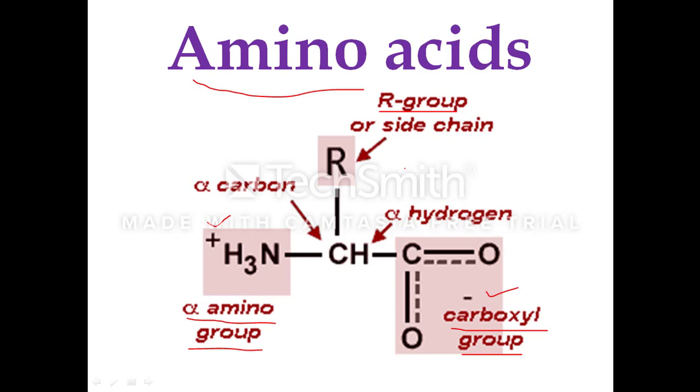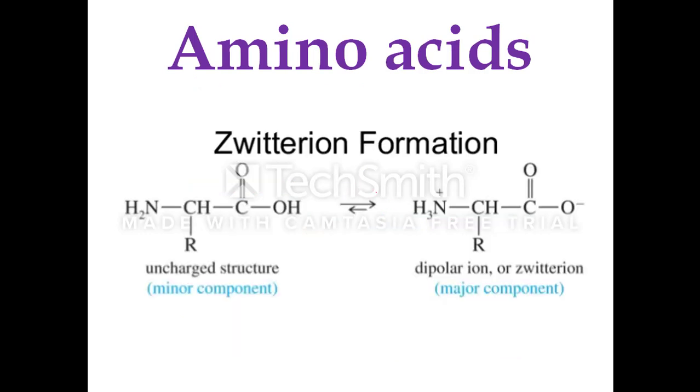Amino acids are bifunctional, having the acidic and the basic functional group, with one end hydrogen, and on the other end the side chain or the R group. So this amino acid, under physiological condition, will show both the positive and the negative charge.